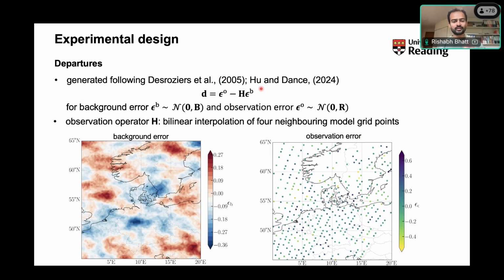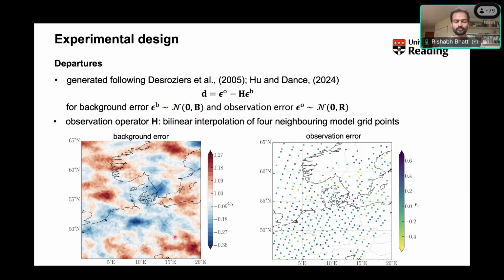And the background errors and the observation errors are generated by just taking a random Gaussian type of distribution, where the background error would have the covariance of P, and the observation errors would have a covariance of matrix R. And the observation operator H here, for every observation, does the bilinear interpolation of the four neighboring model grid points.